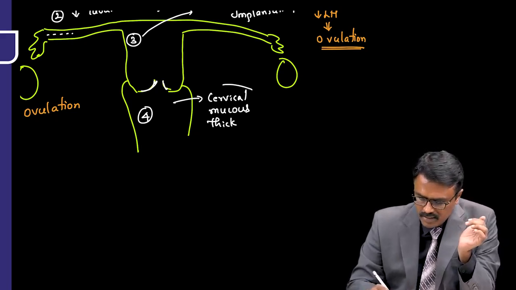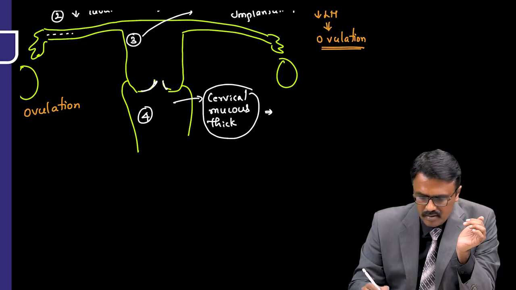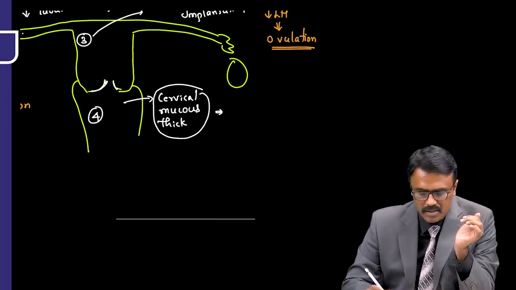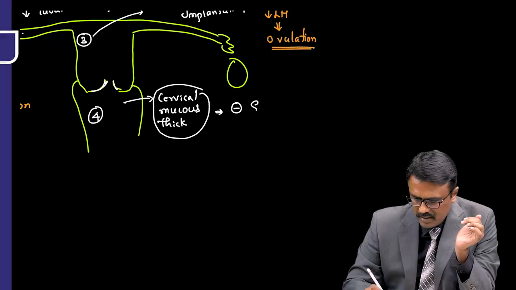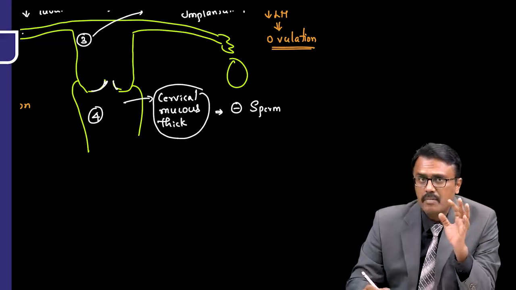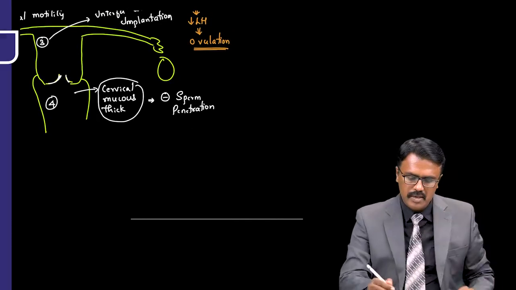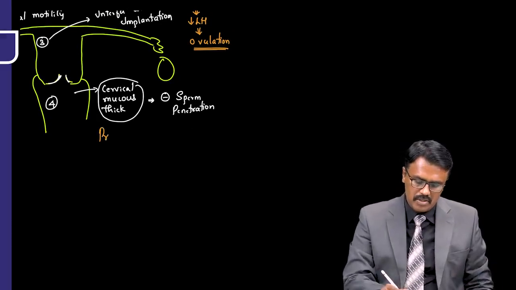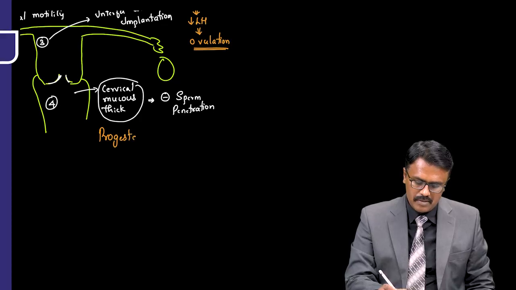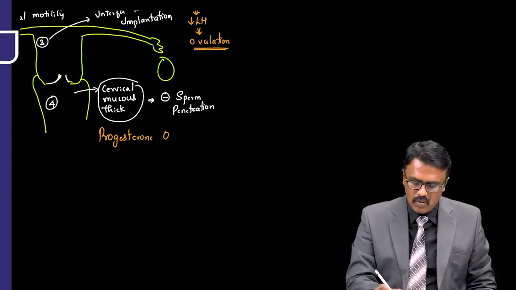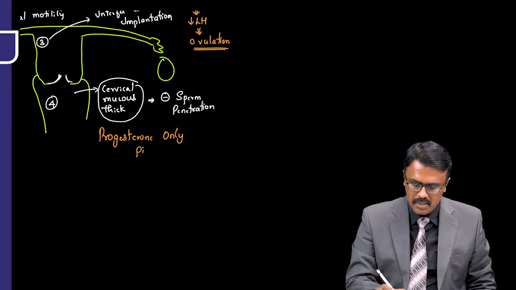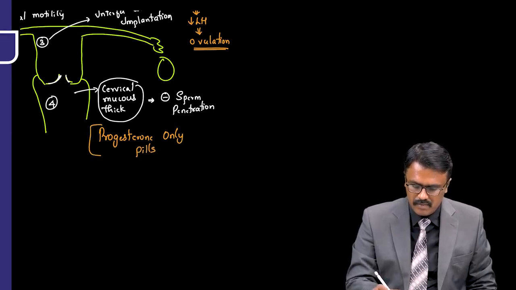So, when the cervical mucus becomes thick, it inhibits the sperm penetration, and this is the major mechanism of action we see with progesterone only pills. Progesterone only pills, we call them mini pills. So that is the mechanism of action.